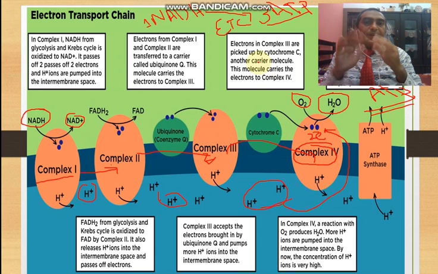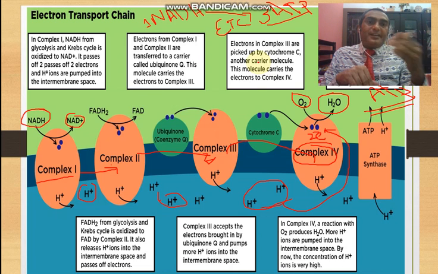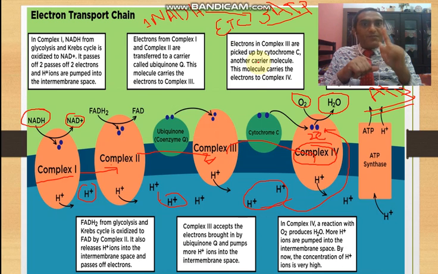Here again, listen carefully. 1 NADH is utilized in complex 1. It releases hydrogen ions and electrons that move from complex 1 to complex 2. These are protein complexes. At complex 2 there is also a requirement of FADH2, which also forms in the Krebs cycle. One Krebs cycle produces 1 FADH2.